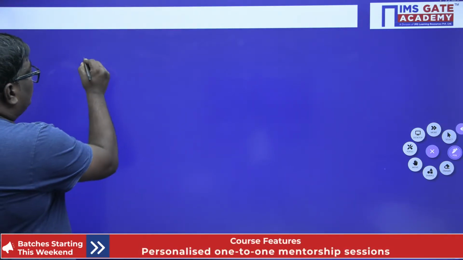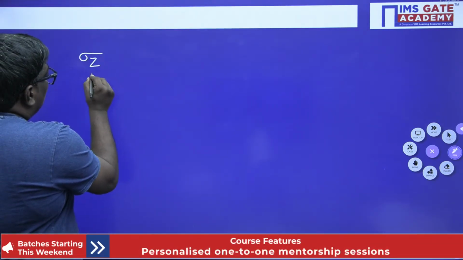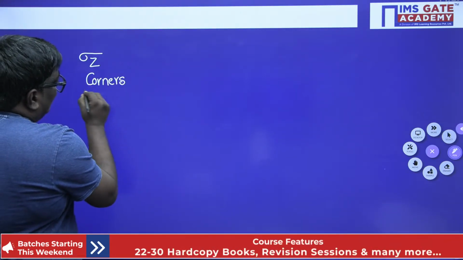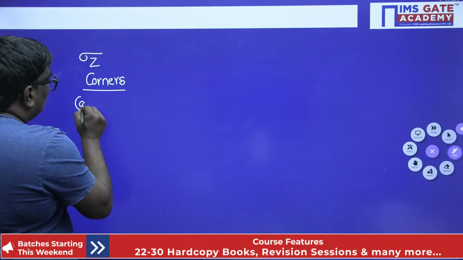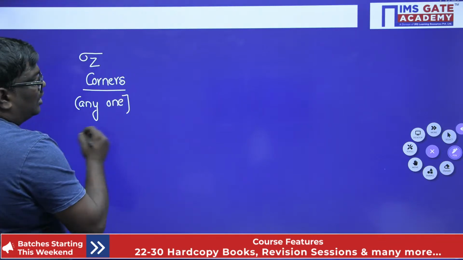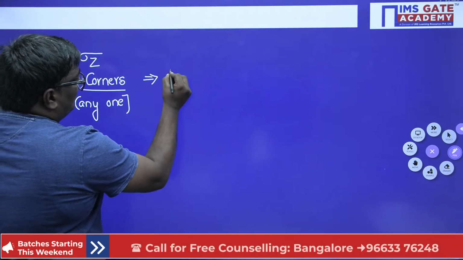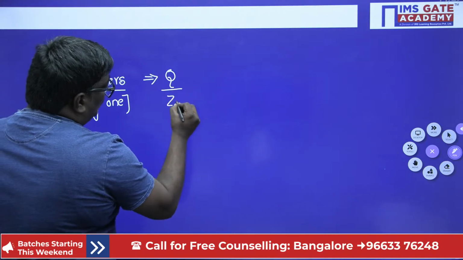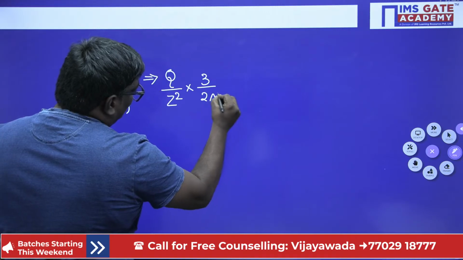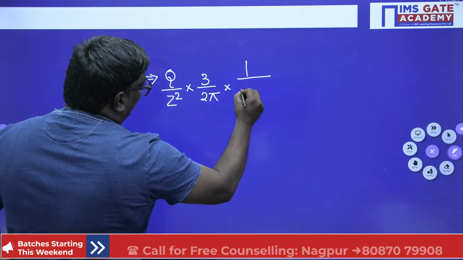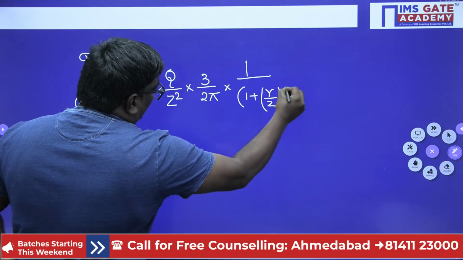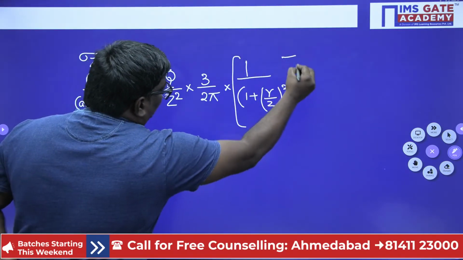Now see, the vertical stress at any one of the corners will be the same at all the corners. At any one corner it is given by the same formula: Q by z square multiplied by 3 by 2 pi multiplied by 1 upon 1 plus R by z whole square whole power 5 by 2.